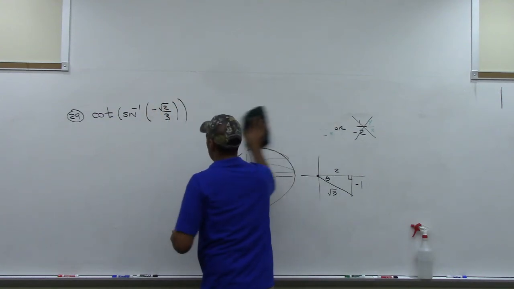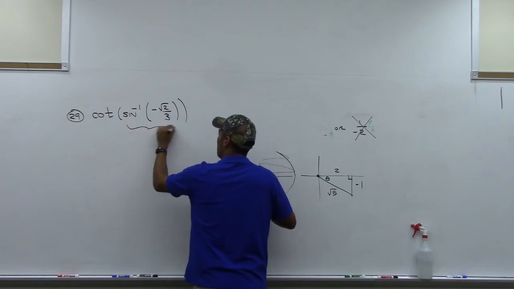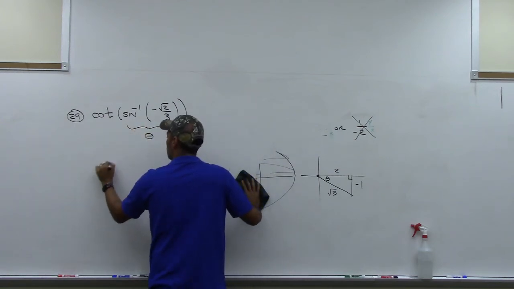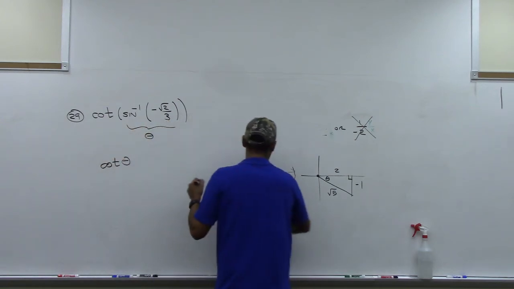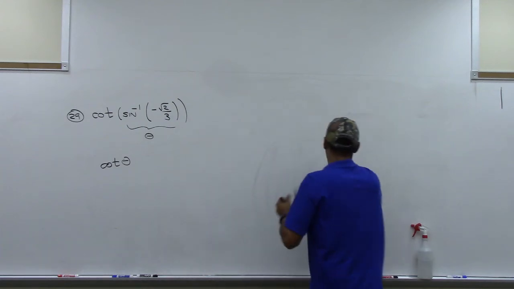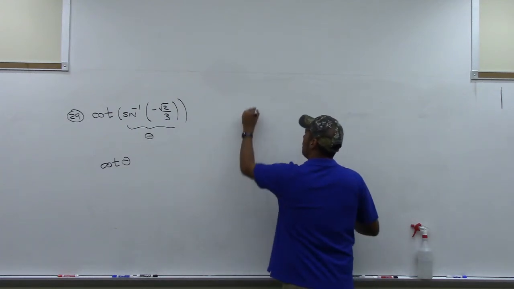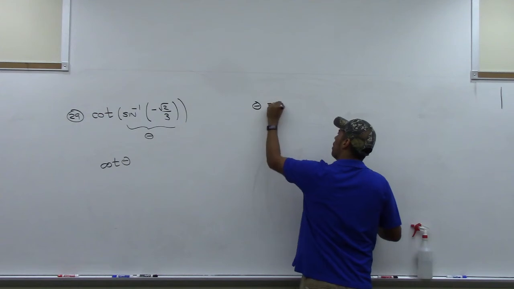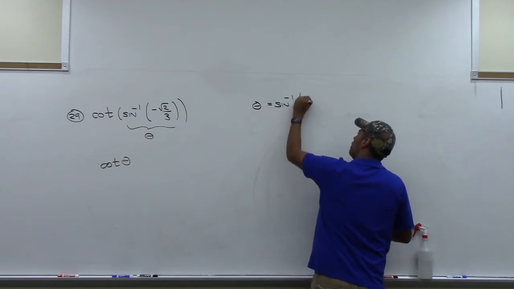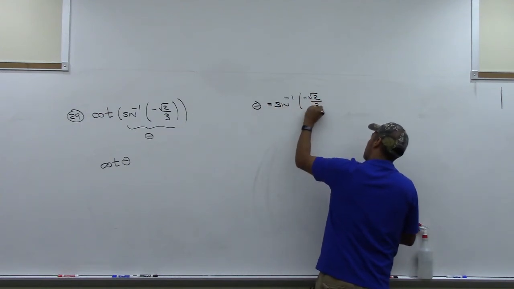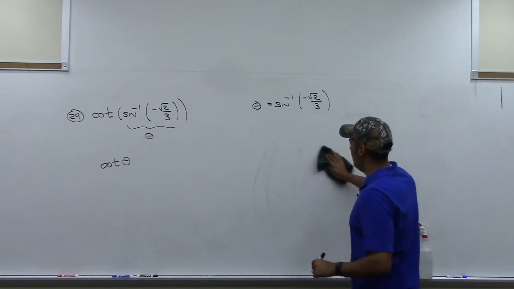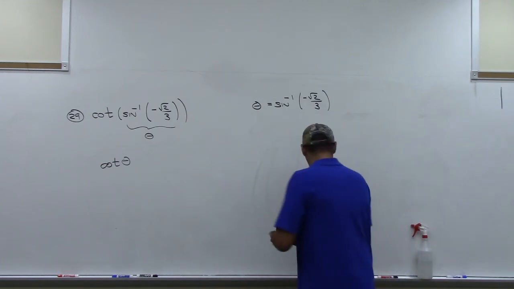All right, again, the inside of this returns an angle, so we really want cotangent of that angle. So let's go try and figure out what we can about that angle. I know that that angle has to be arc sine of negative root 2 over 3. That is not one of our common angles, or common numbers on the unit circle. It looks like it, but it's not.